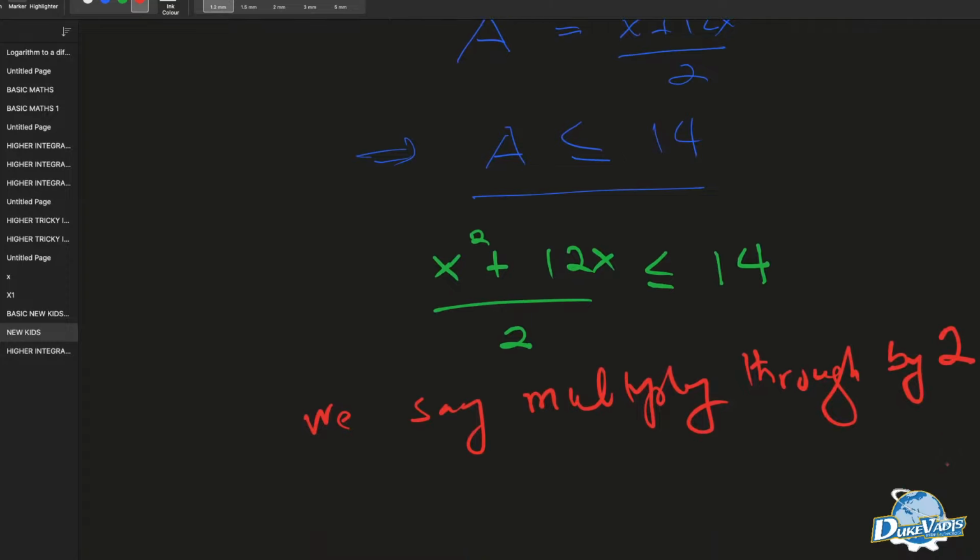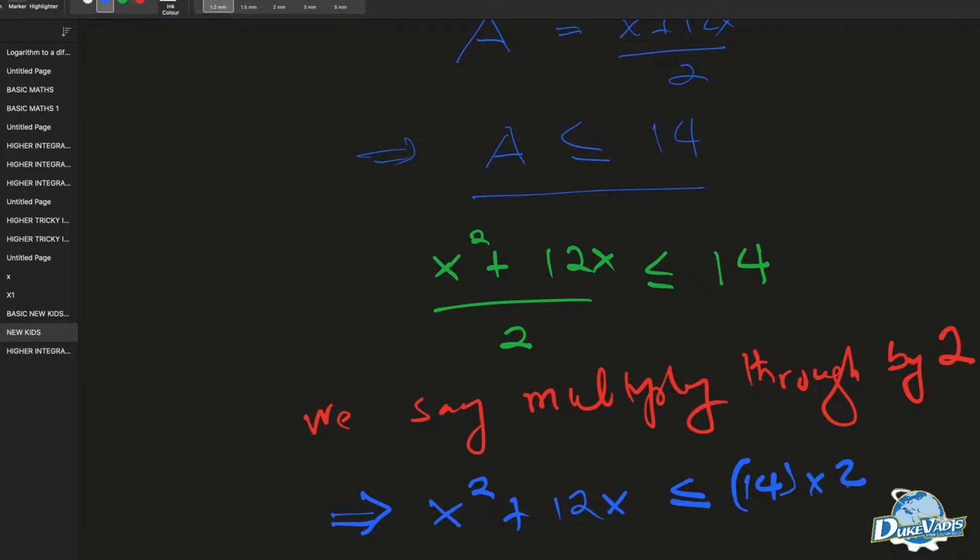So if we multiply through by 2, then our equation is going to change. Okay, so if the equation changes, this implies that our x squared plus 12x is less than 14 times 2.